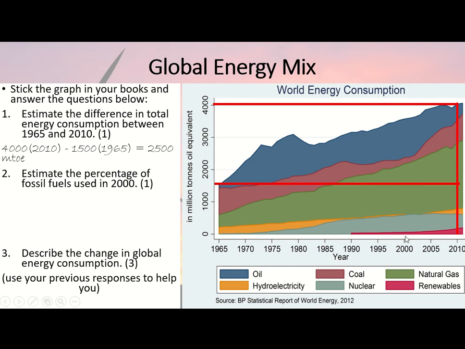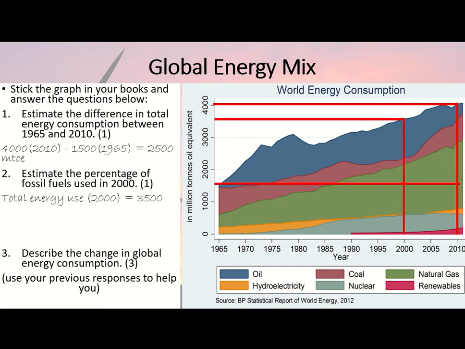Then I want you to try and estimate how much of the total for 2000 is fossil fuels. So 2000 is about 3,500 million tons of oil equivalent, or billion tons, I should say. How much of this total compound area is fossil fuels? So have a little go. Take your time to do it. Now I've explained the graph, hopefully it should help a little bit.